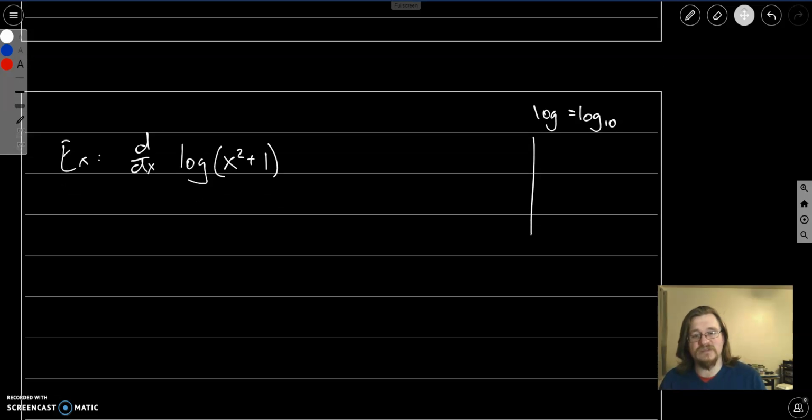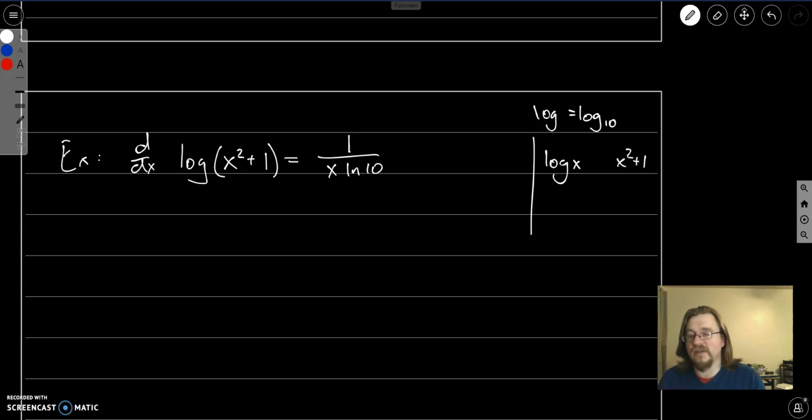So I can't quite use the same trick that I used last time. So we've got log of x, and on the inside we've got an x squared plus 1. So our outside function is our log, and what we've plugged into it is now going to be x squared plus 1. So if I take the derivative of the outside function, I'll get 1 over x times the natural log of 10.